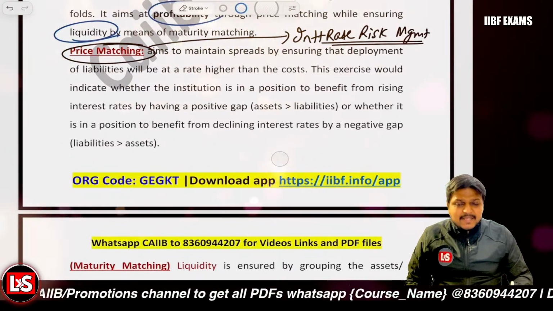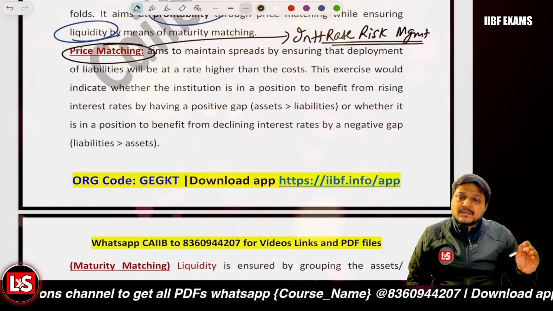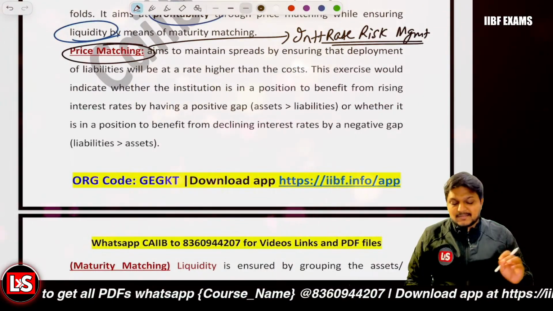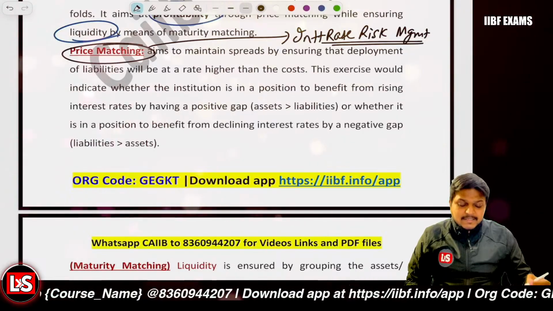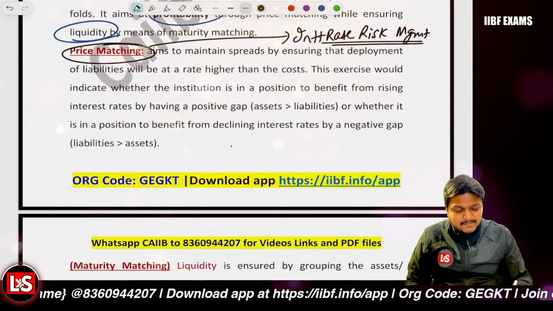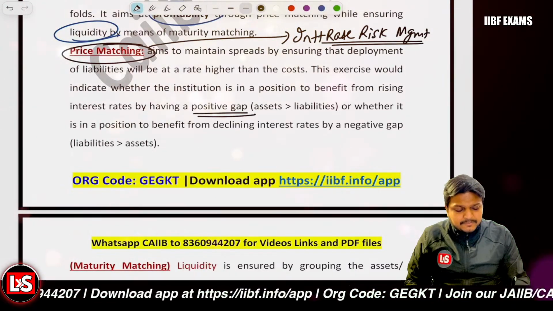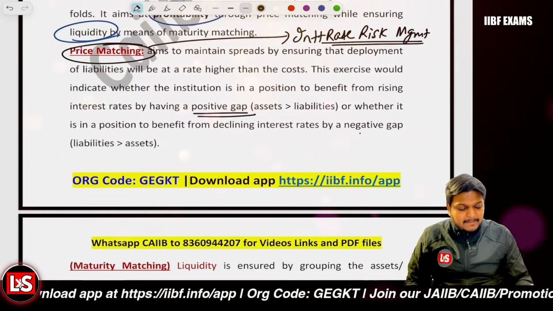And we should be analyzing the key concept of gap analysis. The gap can be a positive gap or a negative gap.